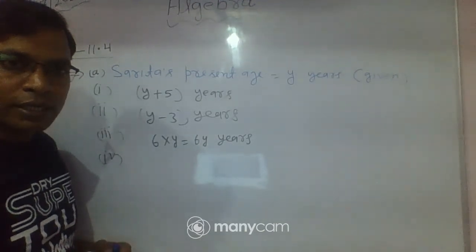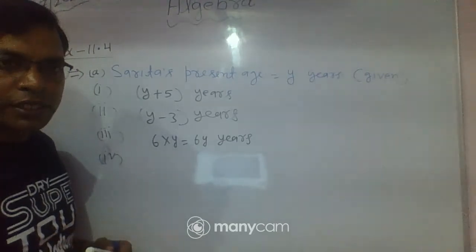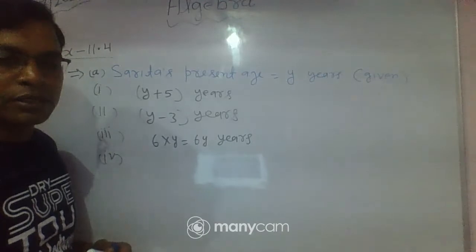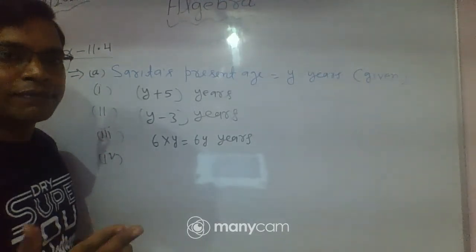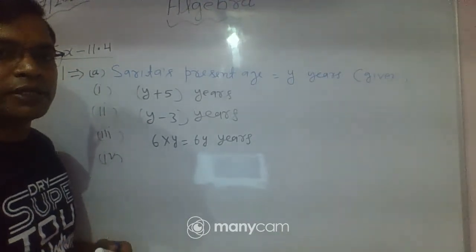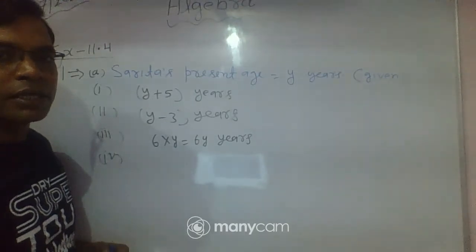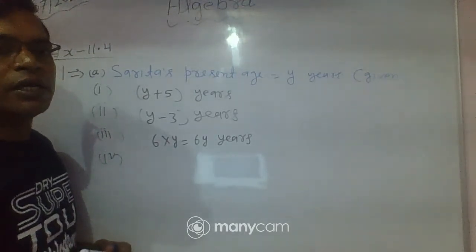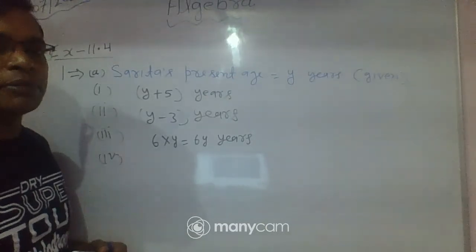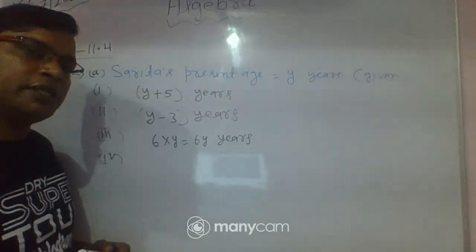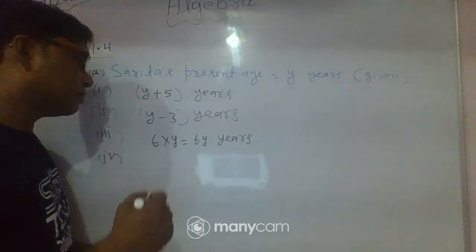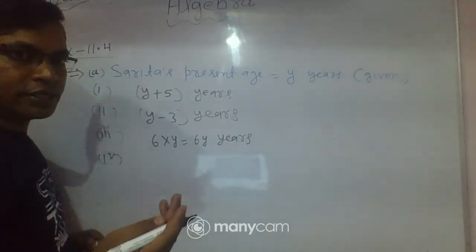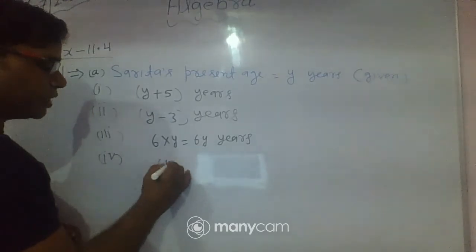Younger means less, so we subtract 2 years from the age of grandfather. Grandfather is 6 times Sarita's present age, 6y. So grandmother's age becomes 6y minus 2.